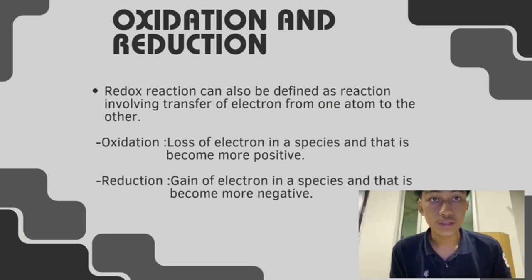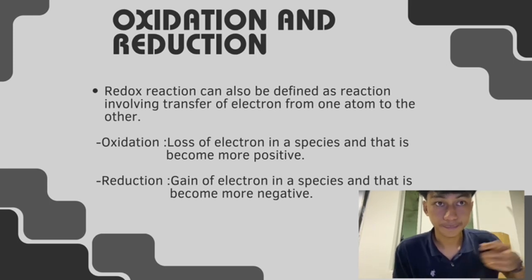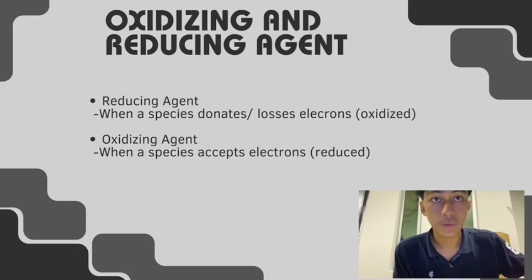And reduction is gain of electrons in a species, and it becomes more negative. And as we can remember it, oxidation becomes more positive, but reduction becomes more negative.